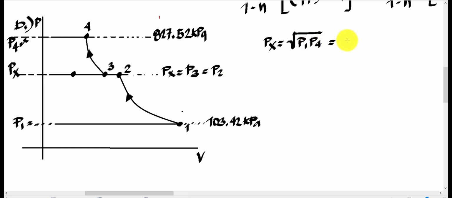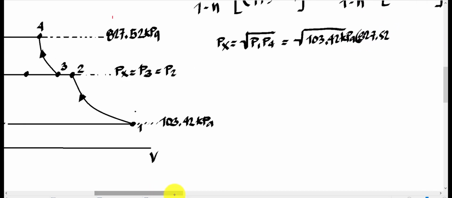So, substituting, we have the square root of 103.42 kPa times 827.52, that will be kPa also. Okay.